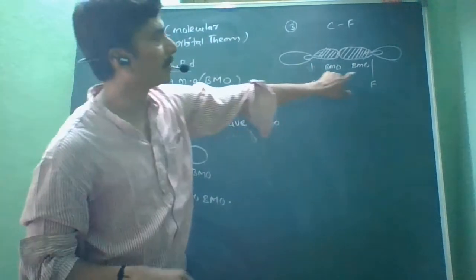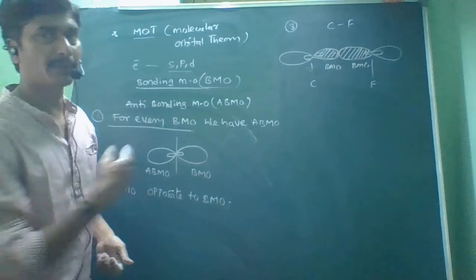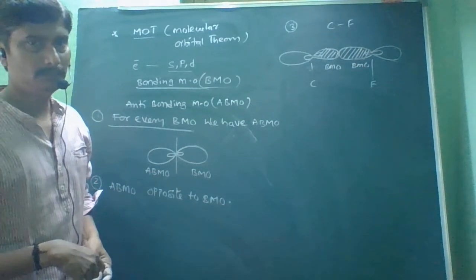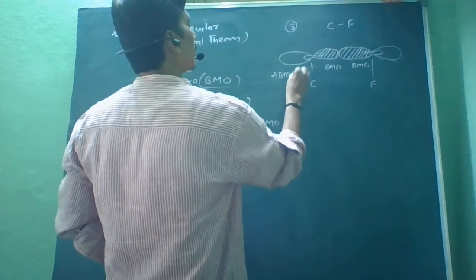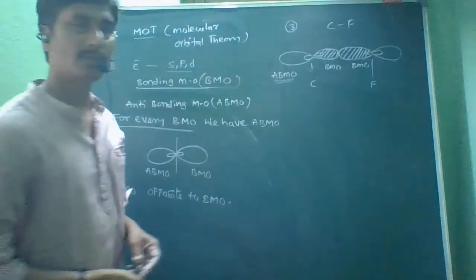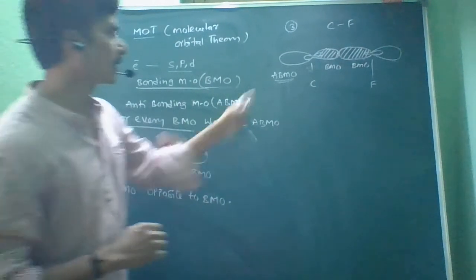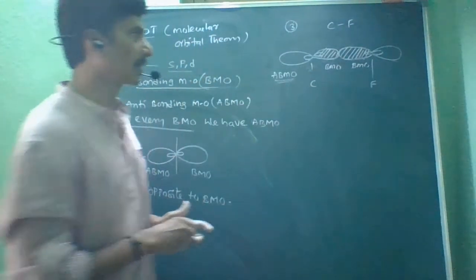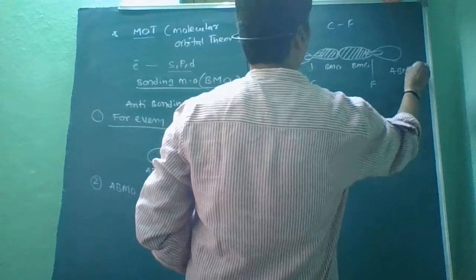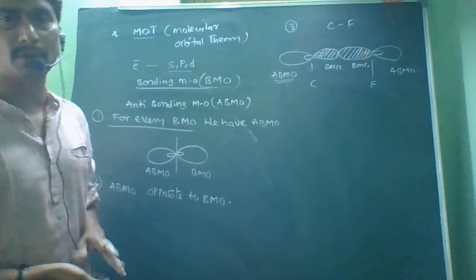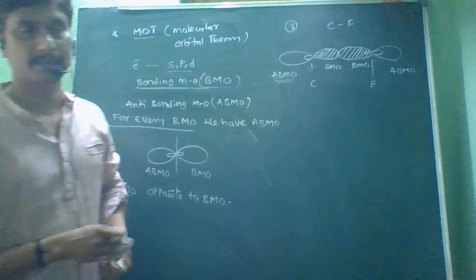So only bonding molecular orbitals overlap each other to form a bond. The anti-bonding molecular orbital is empty. These are not involved in bond formation for either the carbon atom or the fluorine. That means there is no electron density in these two orbitals.